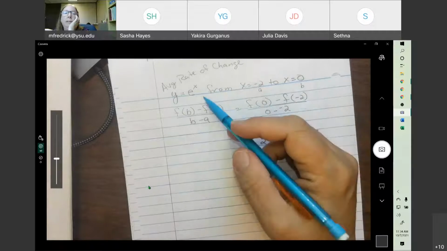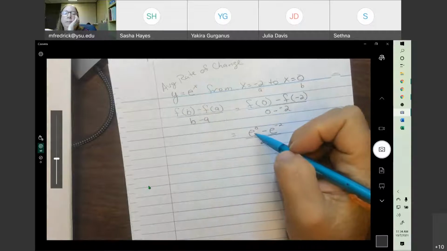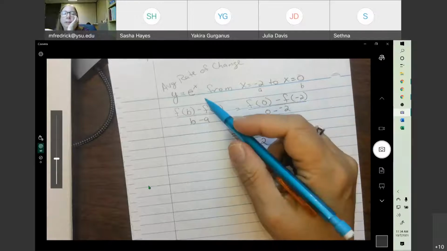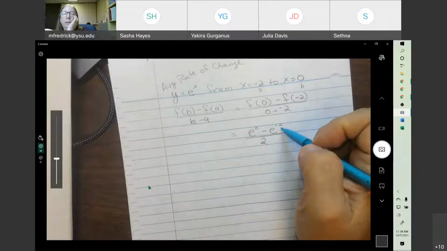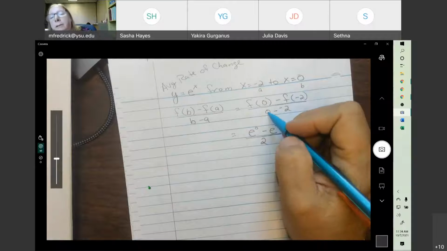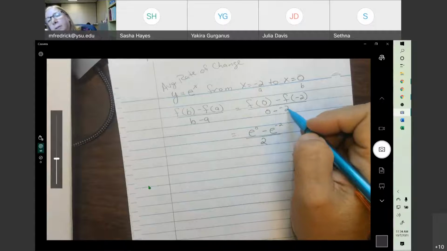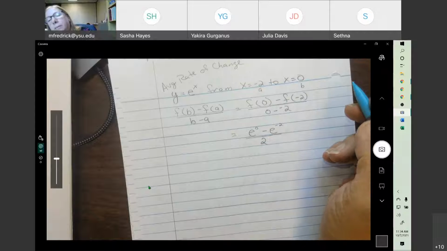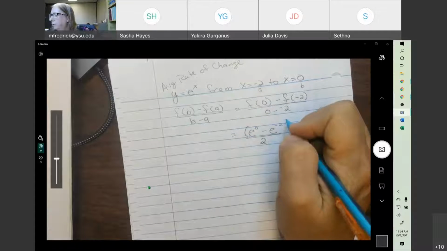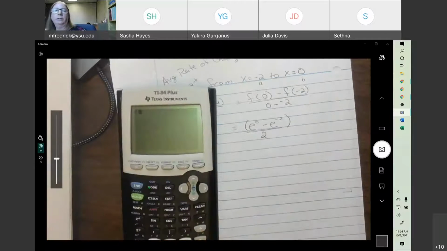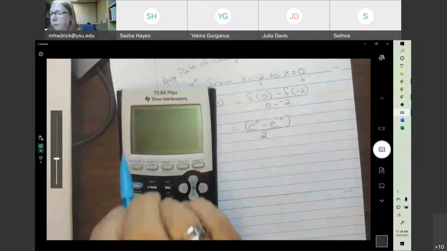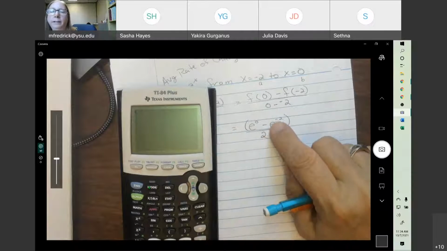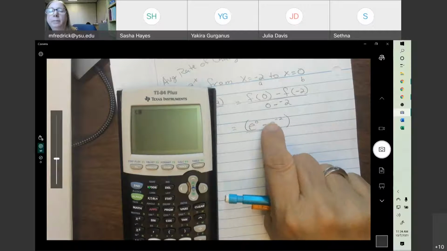F of 0 would be e to the 0 minus f of -2 would be e to the -2 divided by 0 minus a -2 makes that a +2. To enter it all at once in your calculator, you need to use a parenthesis though. Otherwise it will only divide into this one and then subtract them.